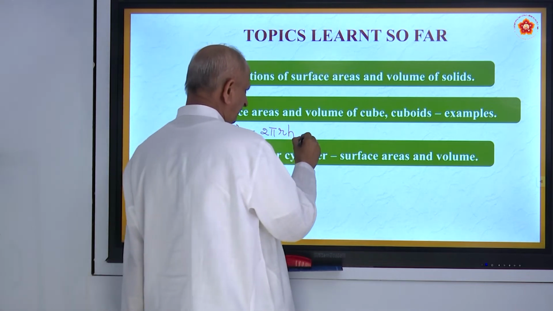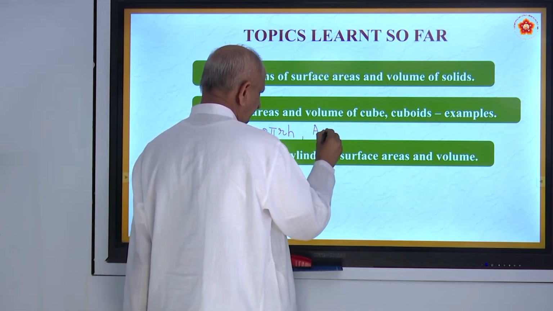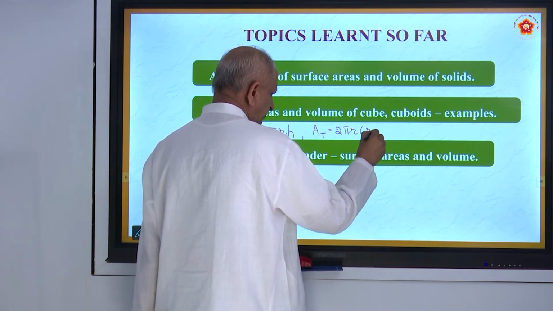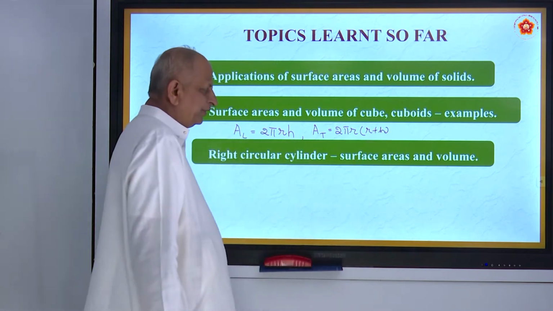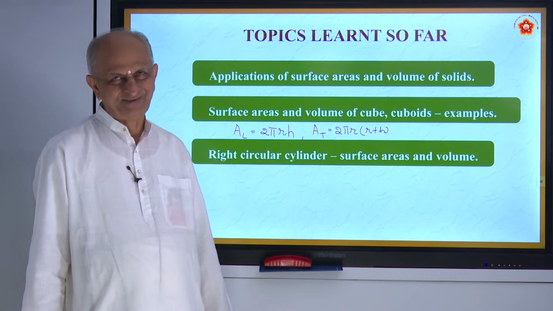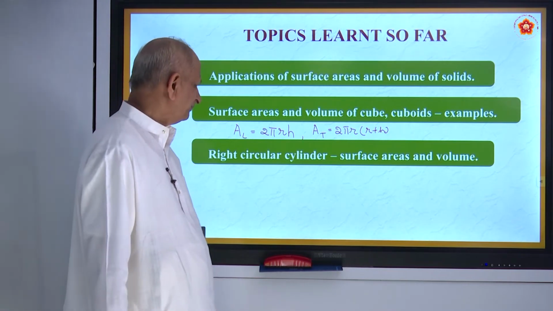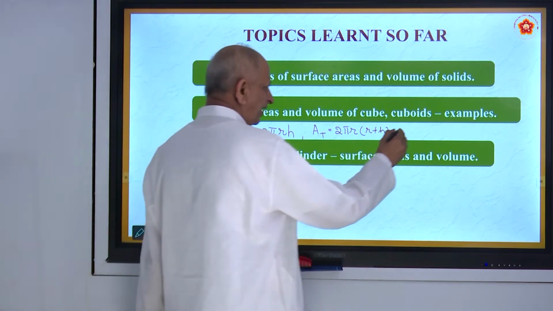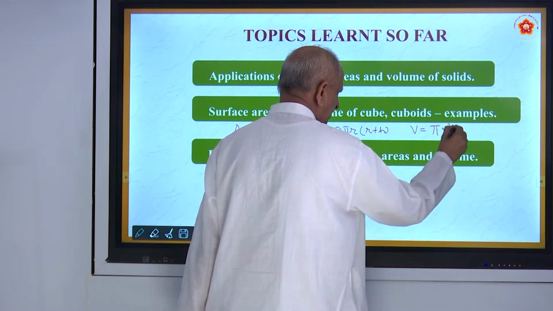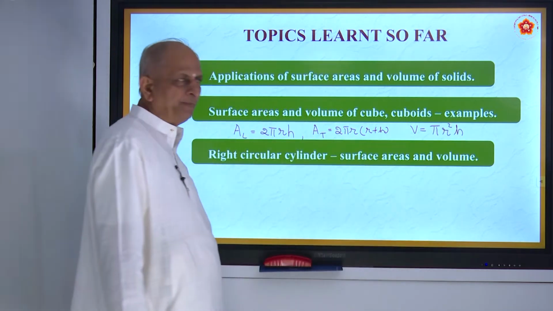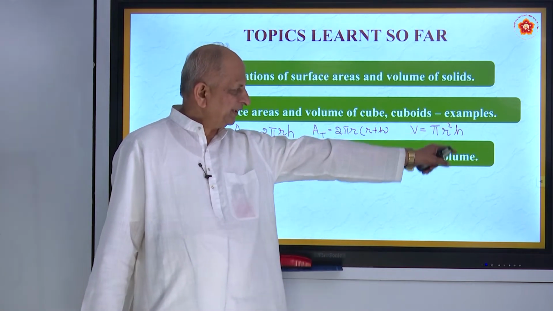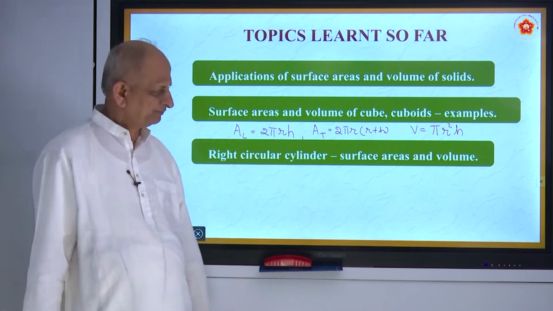And total surface area, we call it AT, is equal to 2 pi R into (R plus H). What is the unit of measuring it? The unit will be square units, centimeter or meter. And volume is measured by the formula V equal to pi R square H, so much of cubic units, where R stands for the radius, H stands for the height.